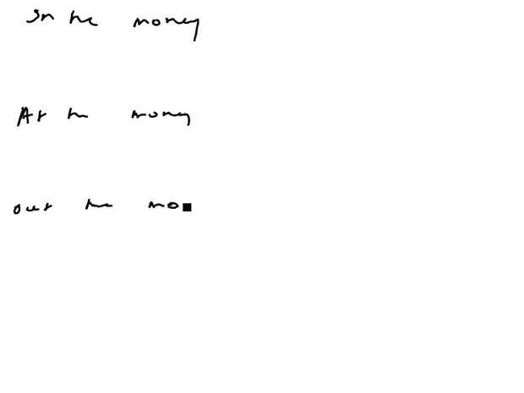So there are three scenarios possible, as I already told. One is in the money, another is at the money, and another is out of the money. An option is said to be in the money if on exercising the option it produces a cash inflow to the buyer.